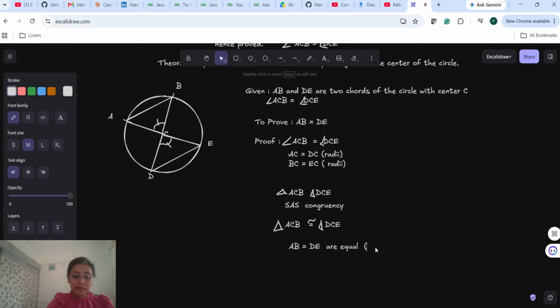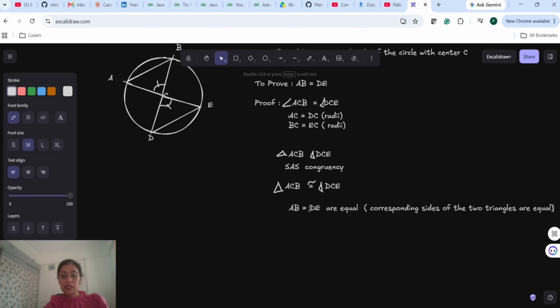So the corresponding sides of the two triangles are equal, right? So AB and DE are equal.